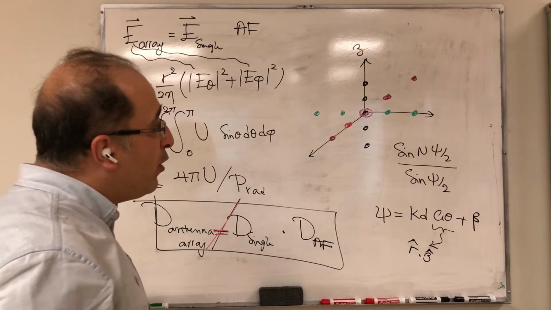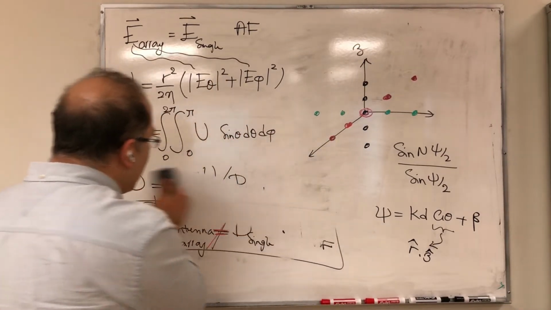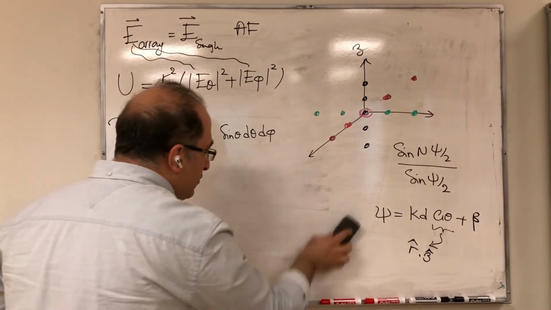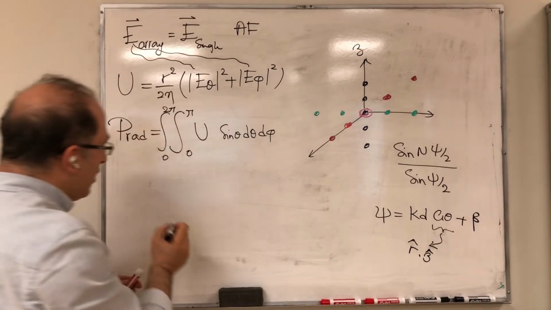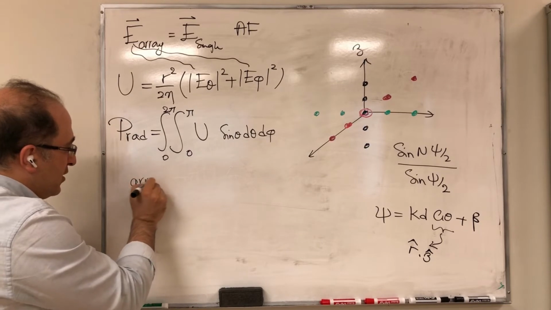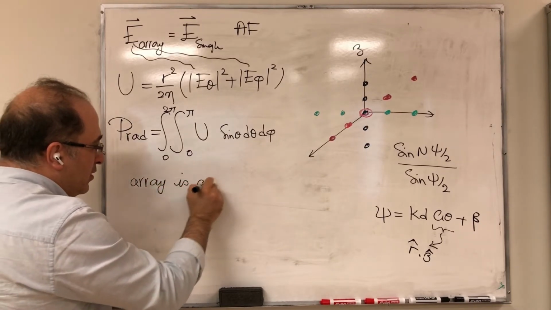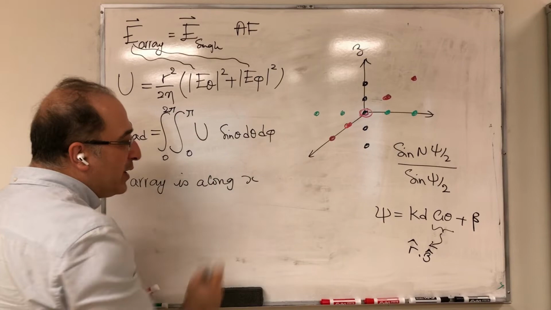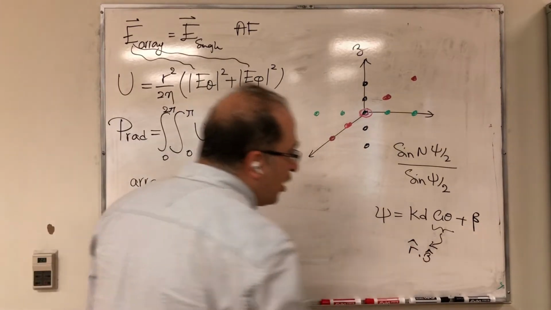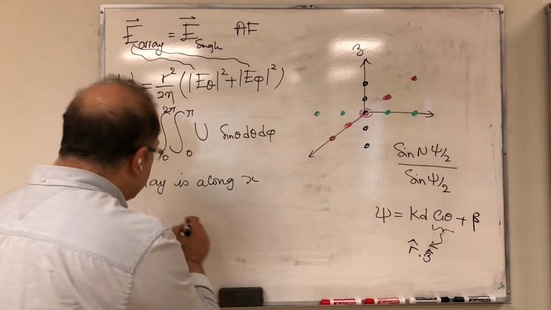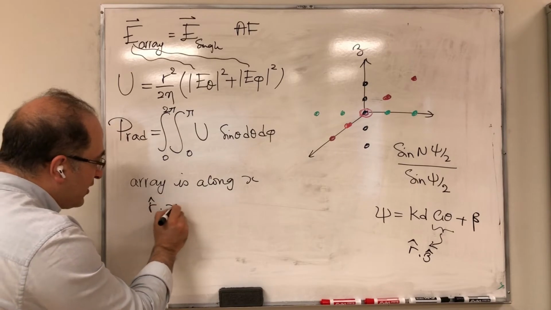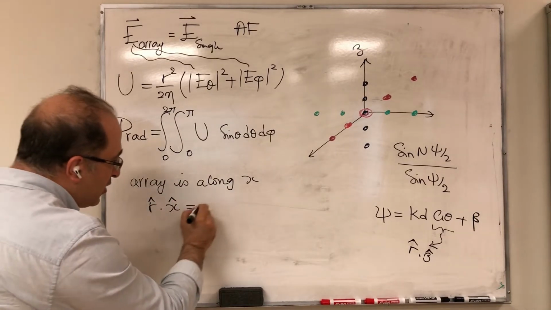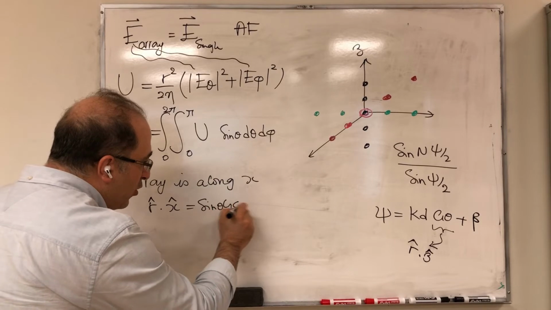So you may say, okay, if my array is along the x-axis, what you expect is that this r hat dotted with z hat becomes essentially r hat dotted with x hat, which is going to become sine theta cos phi.